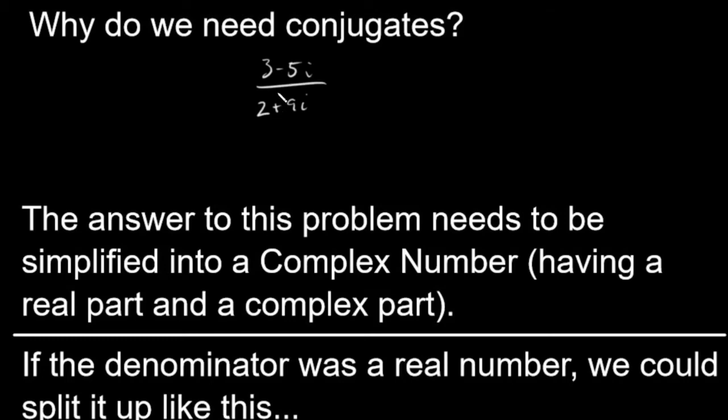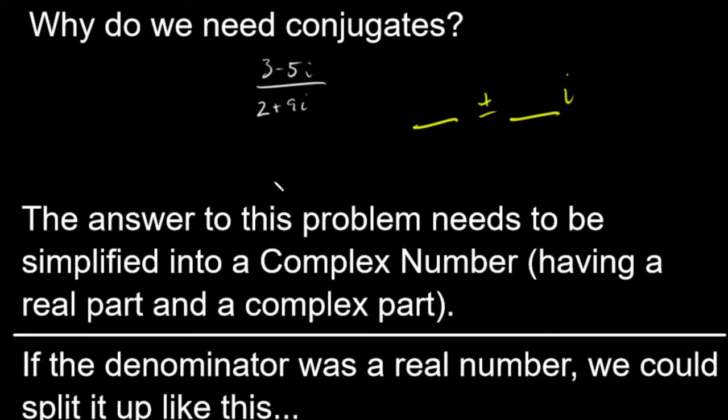To manipulate this further, you need to get this into a format where it's a real part plus or minus, depending on the sign of the complex part, a complex part with i, right? This is what you need. This is not what you have. Like, you need to do something here. This is a problem, right? You've got a complex number divided by another complex number. But using conjugates, you can actually get it into this format.